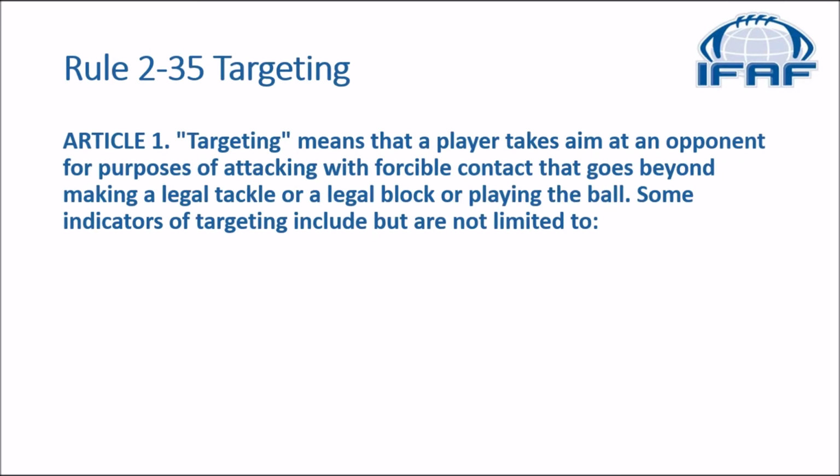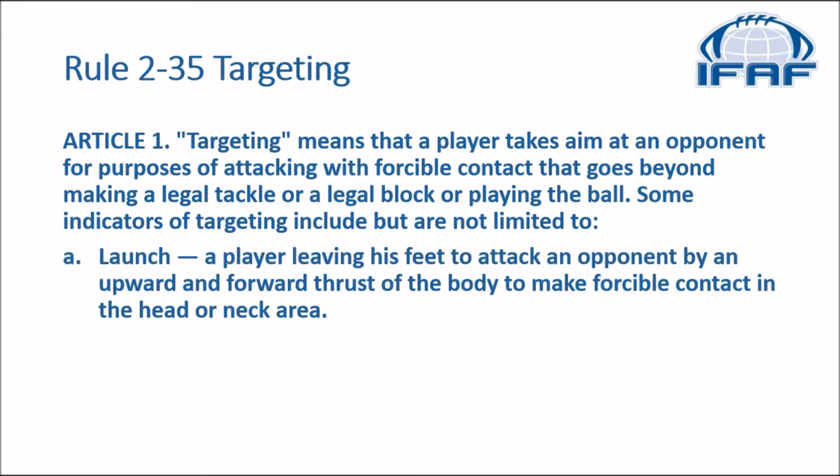Rule 2:35 goes on to define targeting. It says, targeting means that a player takes aim at an opponent for purposes of attacking with forcible contact that goes beyond making a legal tackle or legal block or playing the ball. Some indicators of targeting include, but are not limited to: A, a launch, a player leaving his feet to attack an opponent by an upward and forward thrust of the body to make forcible contact in the head or neck area.